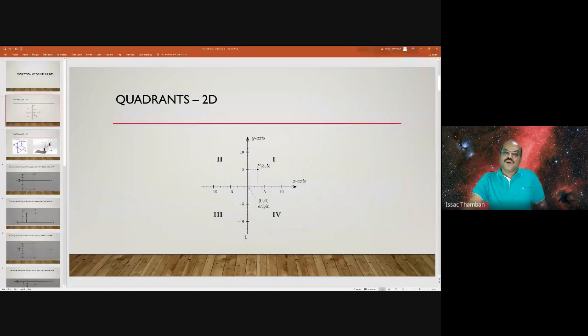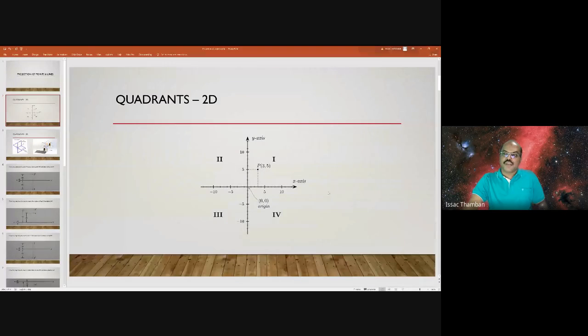And that is for the 2D problems, or we can say that this system is used for plane geometry. And if you consider a point located in space, this system will not be enough.